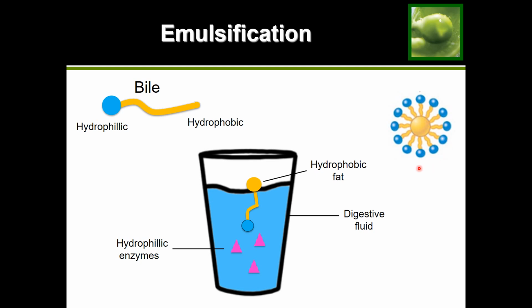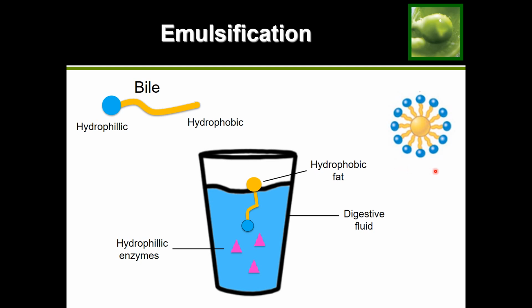Remember, these blue ends are hydrophilic. So now the fat is completely surrounded with an outer layer that is actually hydrophilic. And when it's in this state, it can actually mix with the hydrophilic fluid because it now has a hydrophilic outer layer, so it's not afraid to enter into a hydrophilic area anymore.